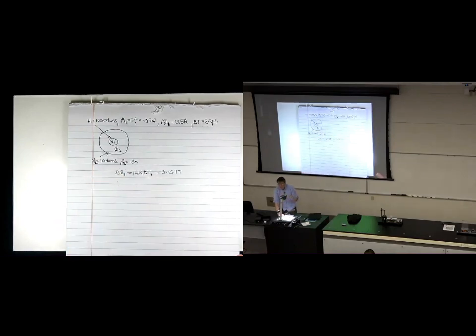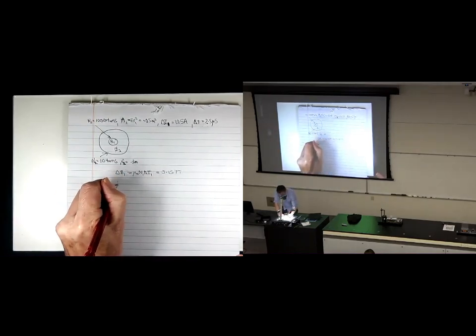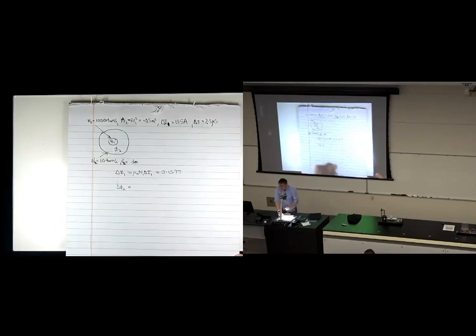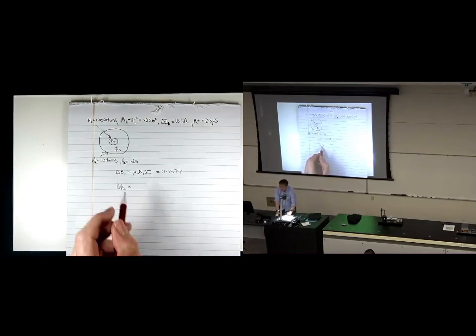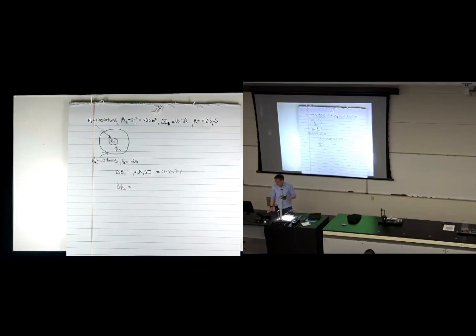We said that was our first step. The second step is to calculate the change in flux. Phi is the flux, delta phi is the change in flux, the change in flux in the coil. That's the subscript 2. So what's the change in flux in one loop of wire? It's the area of the loop times the change in field times cosine theta.